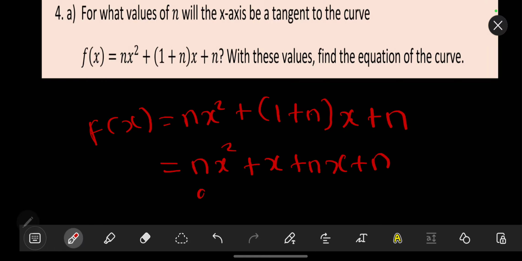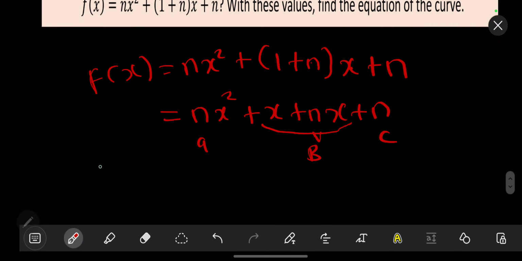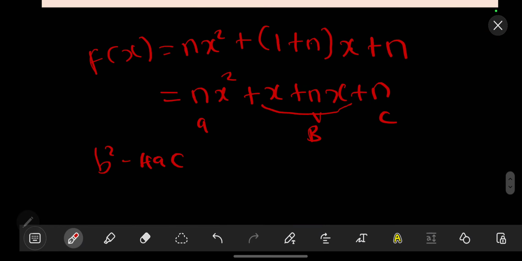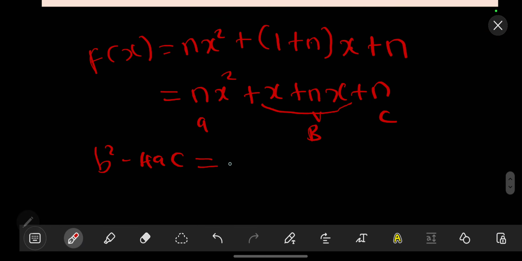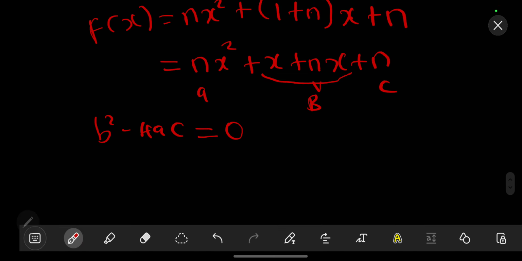So already this is your a, then the one with x is your b, then finally this is our c. So we are going to say b squared minus 4ac. If it is a tangent, it means it touches the curve at one point, so it should be equal to 0.